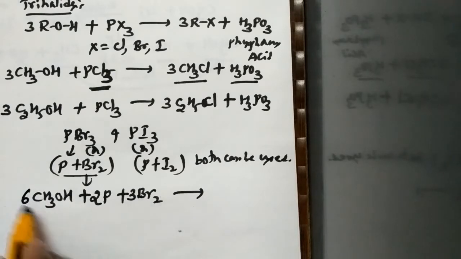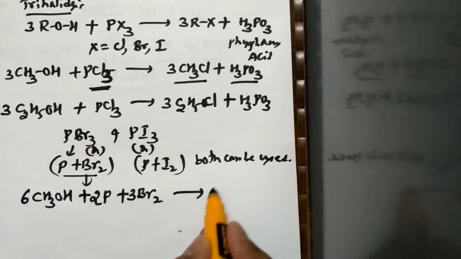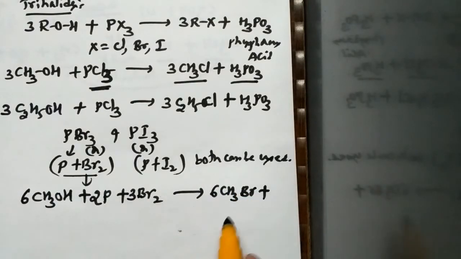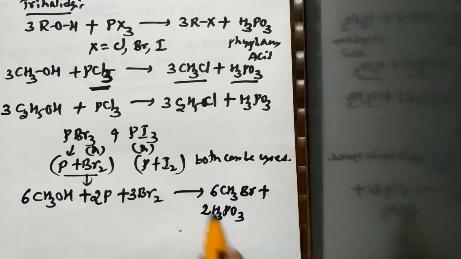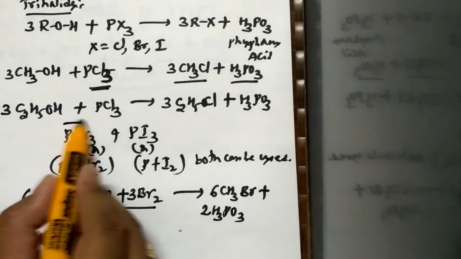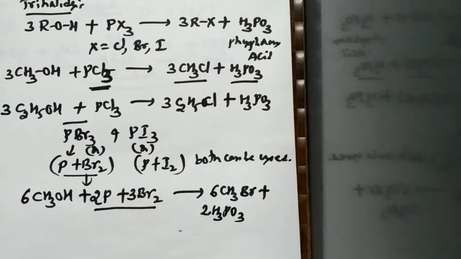Due to that reason, 6 moles of alcohol will give rise to 6 moles of CH3Br along with the formation of H3PO3, which will be 2 moles. This is the method of how P plus Br2 or PBr3 can be involved in a chemical reaction.